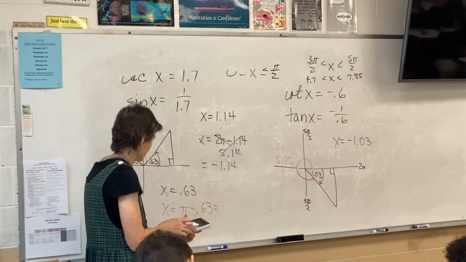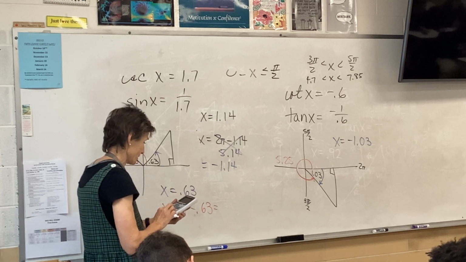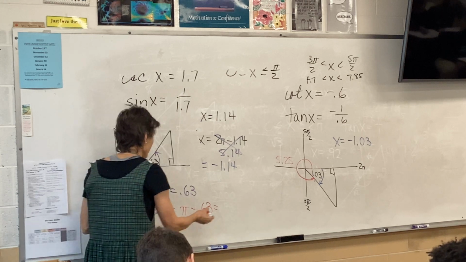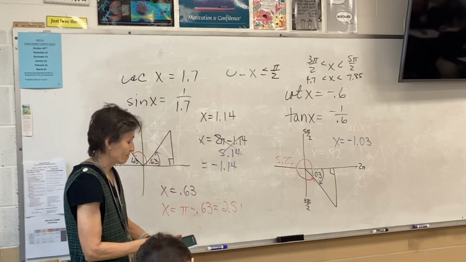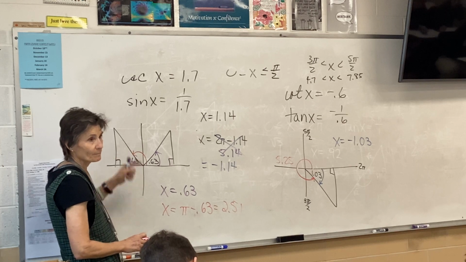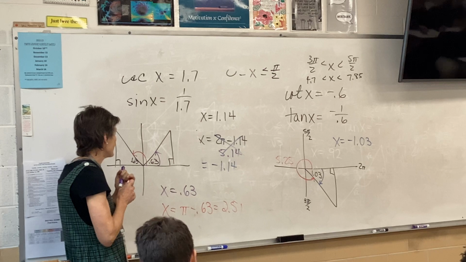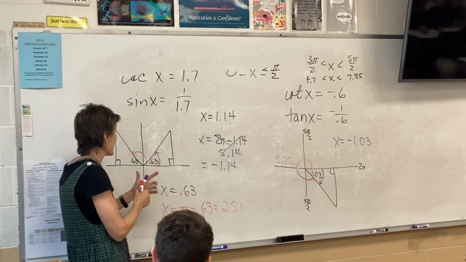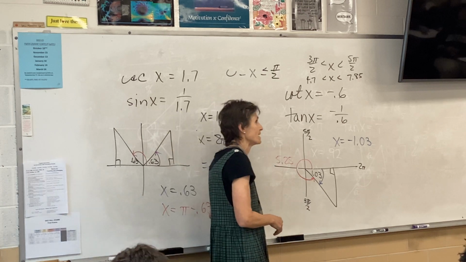Pi minus 0.63, pi minus 2.51, because this is pi. That much. Okay, now, are we gonna consider any negative angles? No. Alright, so those are the answers.